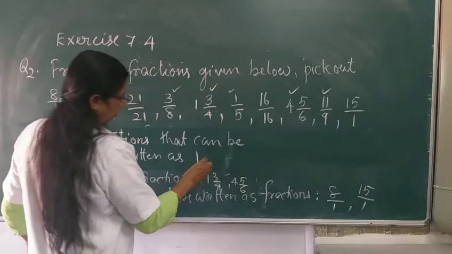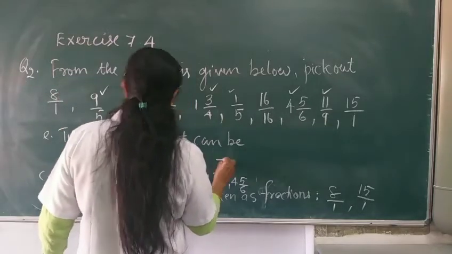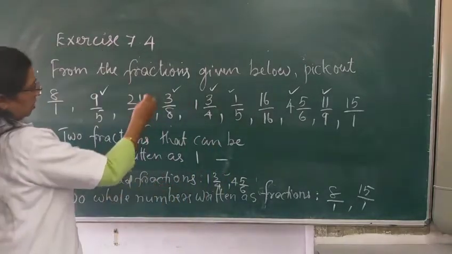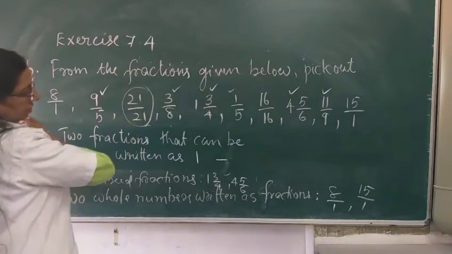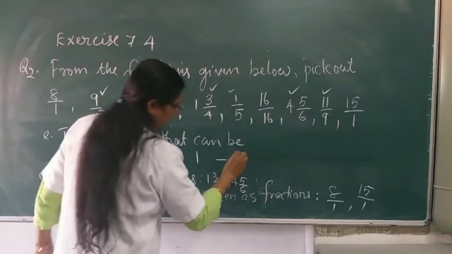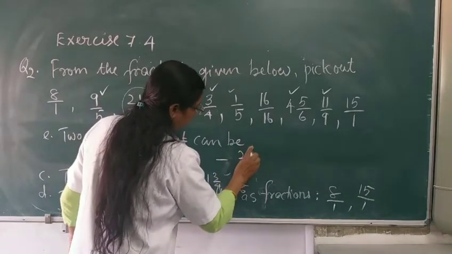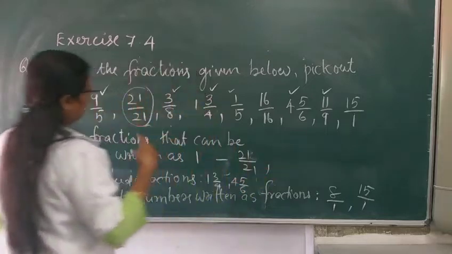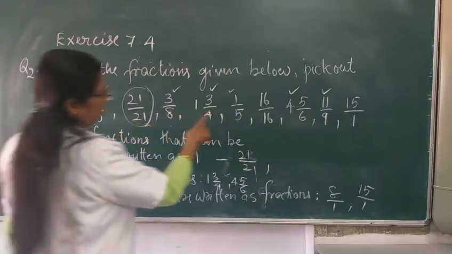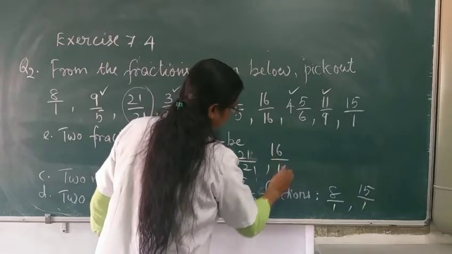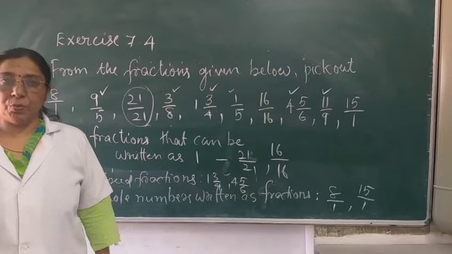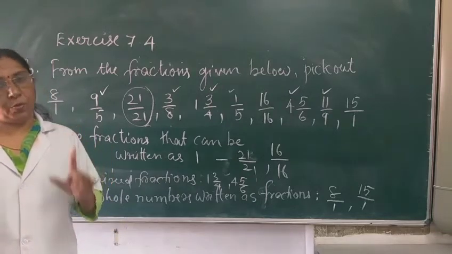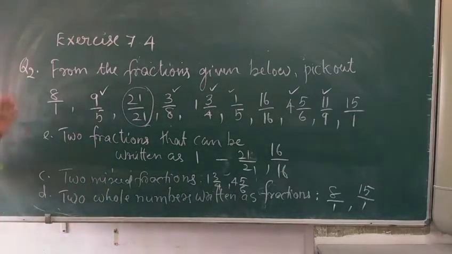One fraction, but its value is 1. What is it? See, 21 by 21. This represents 1. Then another one. Yes, 16 by 16. That also represents 1. Okay, both numerator and denominator equal means it is equal to 1. Okay, clear children? This is exercise 7.4, second question.